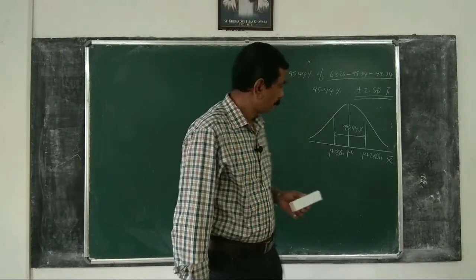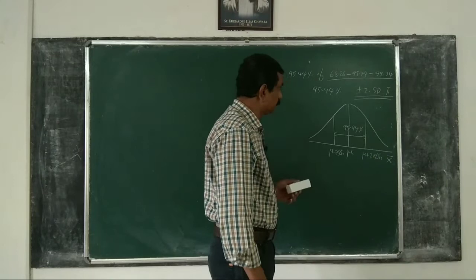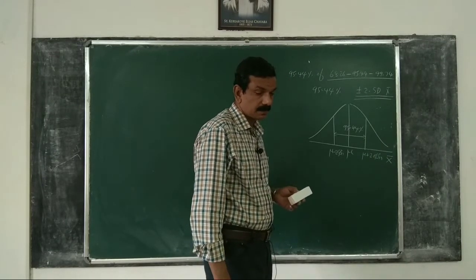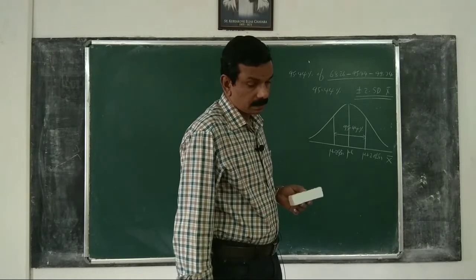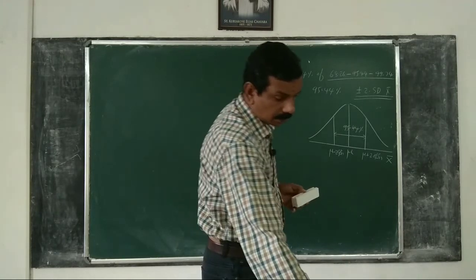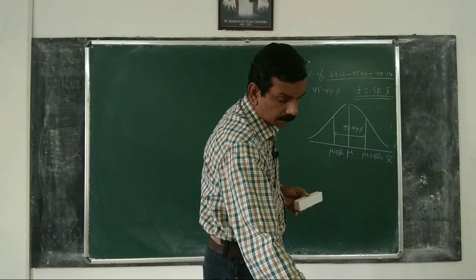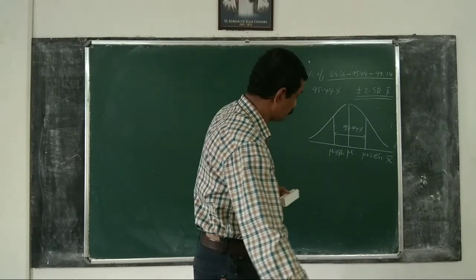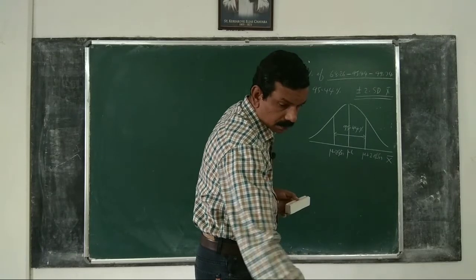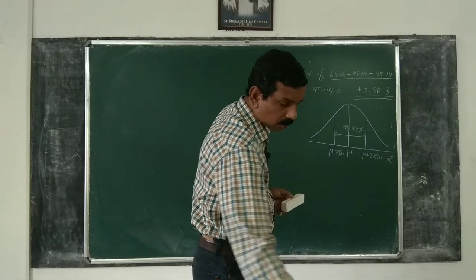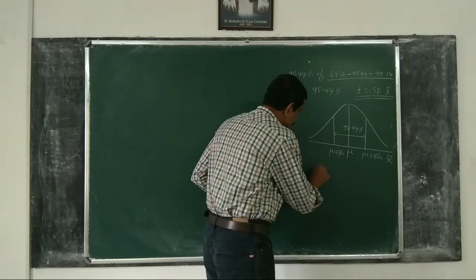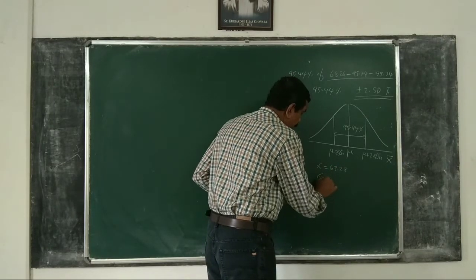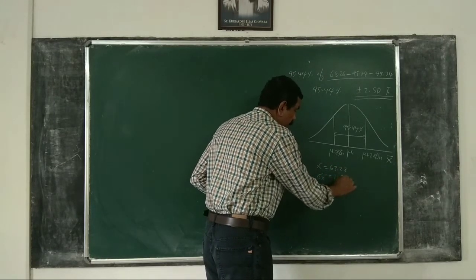So, in our example, what is the mean? The mean is, as we have calculated, the mean of the sample is 63.28. Sigma of X bar is 1.2.